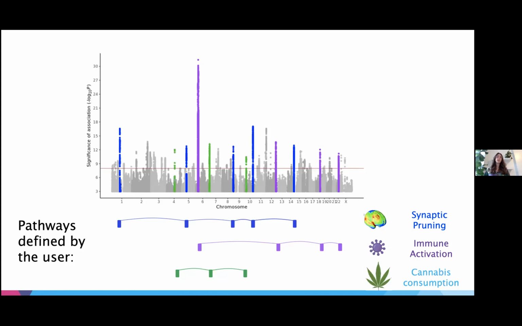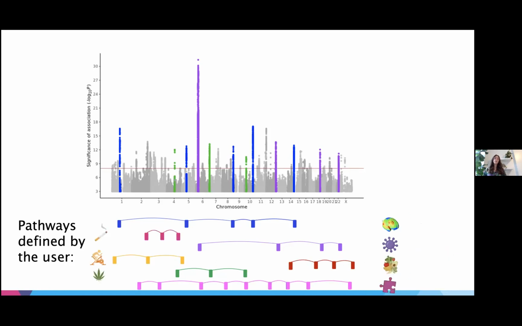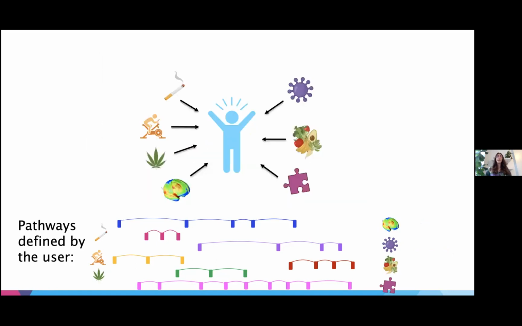So the user defines what are the genes that are composing a pathway. And so the user can define as many pathways as he or she wants. And therefore, one single individual will have, instead of one single genome-wide polygenic score, as many polygenic scores as pathways have been defined.